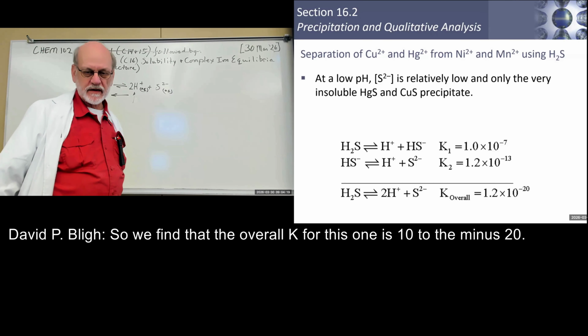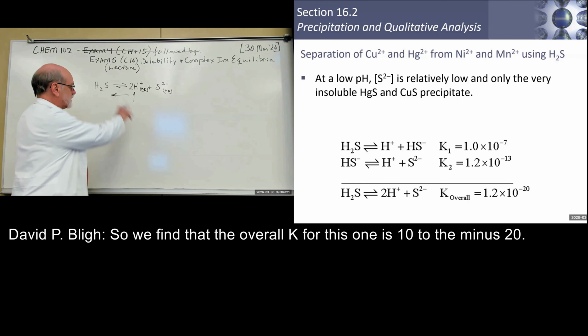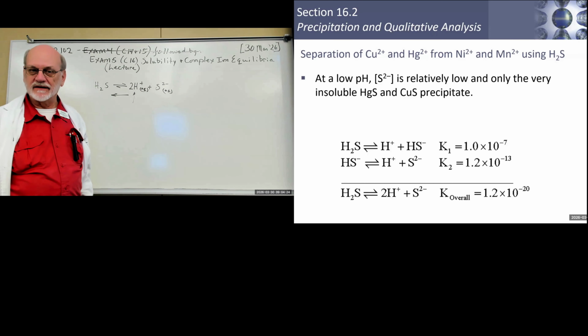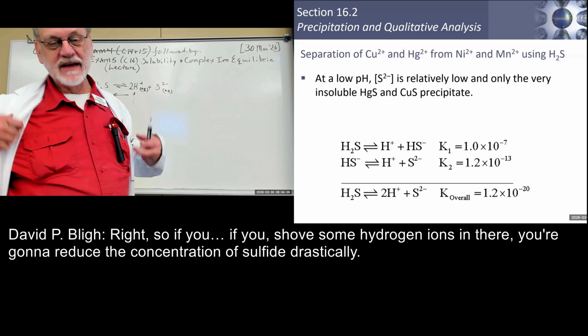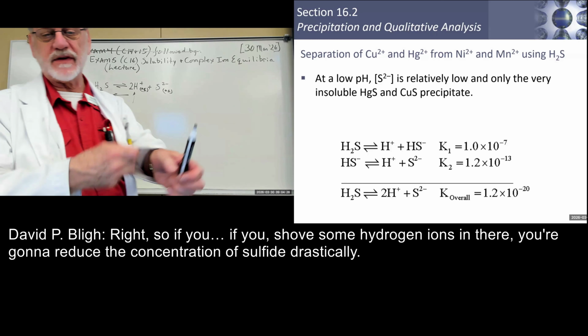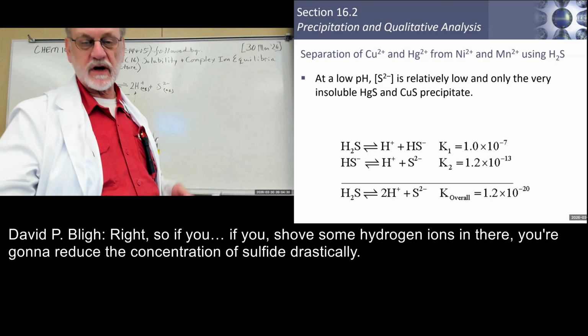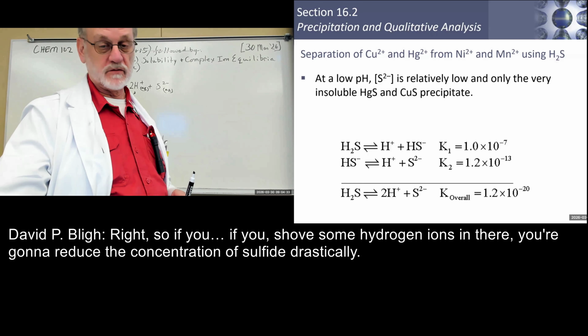Okay. So we find that the overall K for this one is 10 to the minus 20. So if you shove some hydrogen ions in there, you're going to reduce the concentration of sulfide drastically.